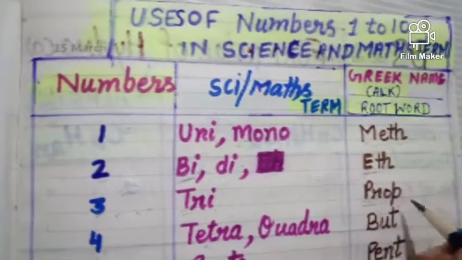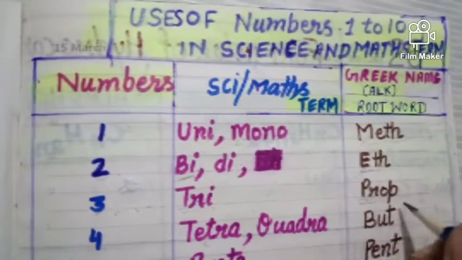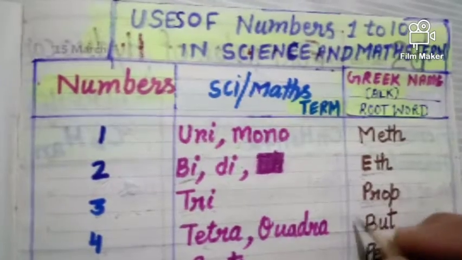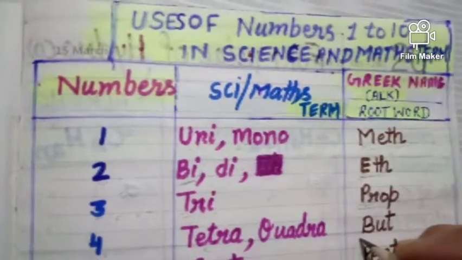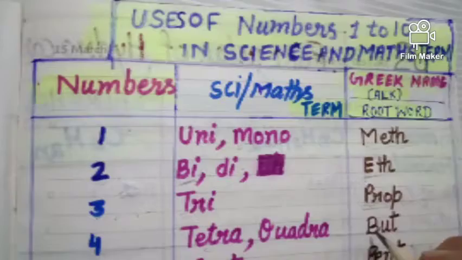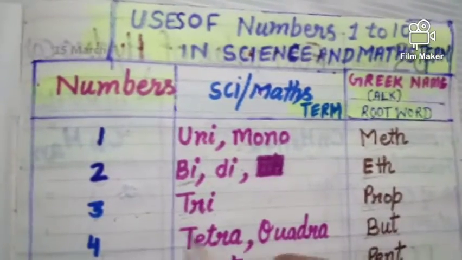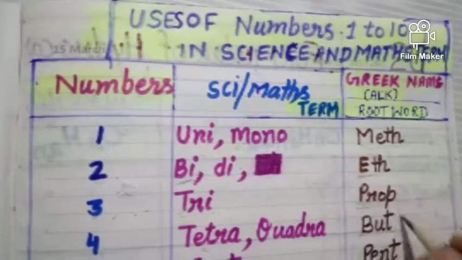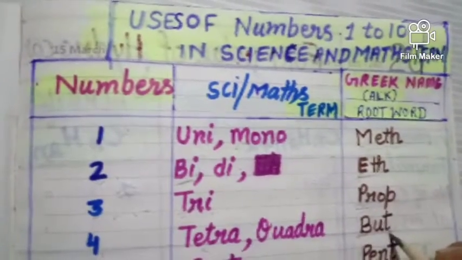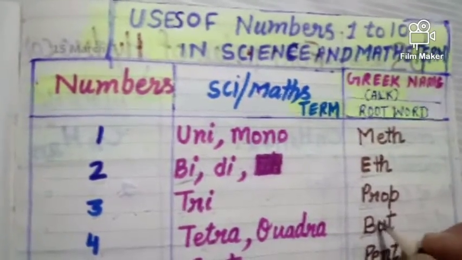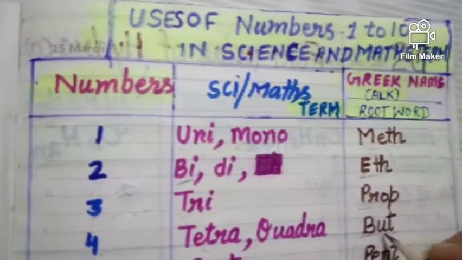And in Greek, the name for the hydrocarbons, carbon compounds having 4 carbon atoms, is termed as but. So but is a root word used for the hydrocarbon having 4 carbon atoms.